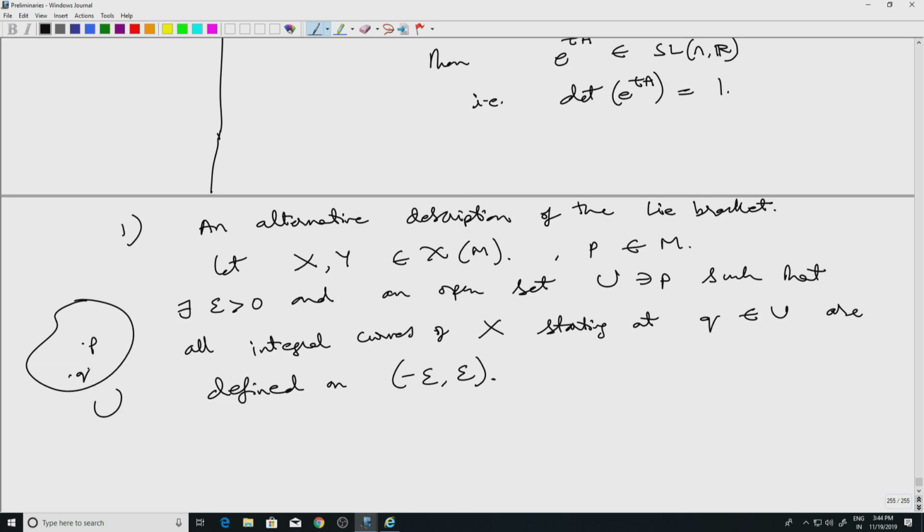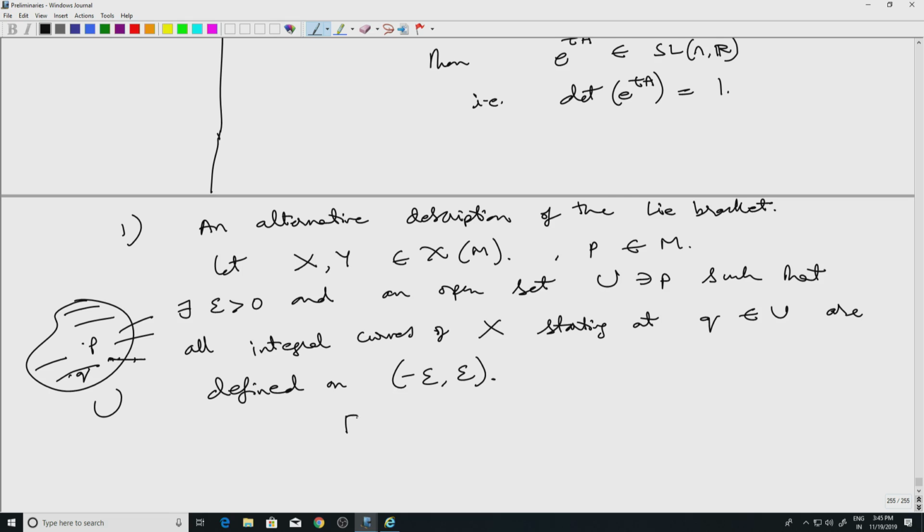What I'm saying is that as long as I take a point inside this U, the integral curves which start at Q are defined on a definite size interval, minus epsilon, epsilon. They cannot shrink to 0. Of course, as the integral curves may exit U, I'm not claiming that they stay inside U, just that the interval of definition is at least minus epsilon, epsilon.